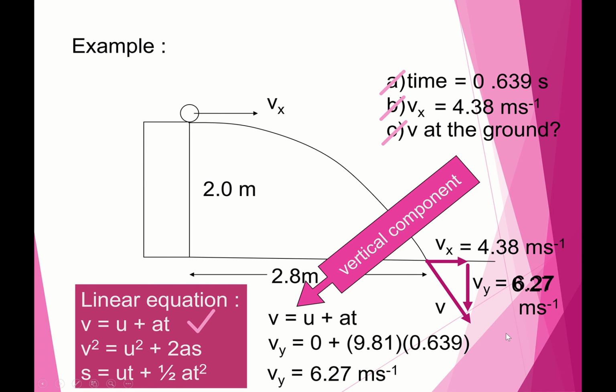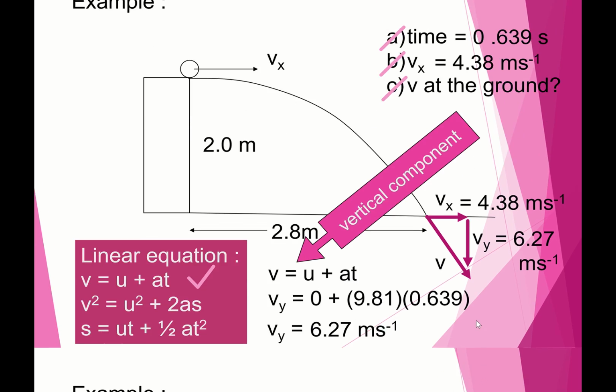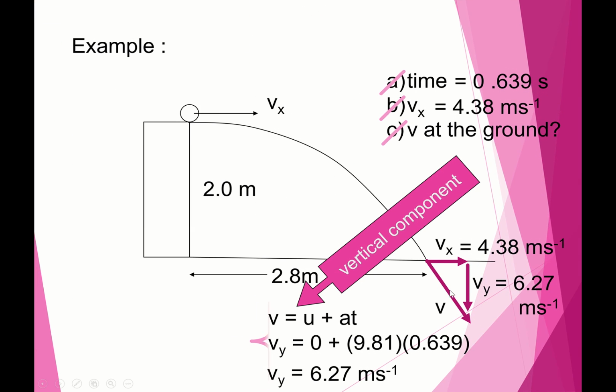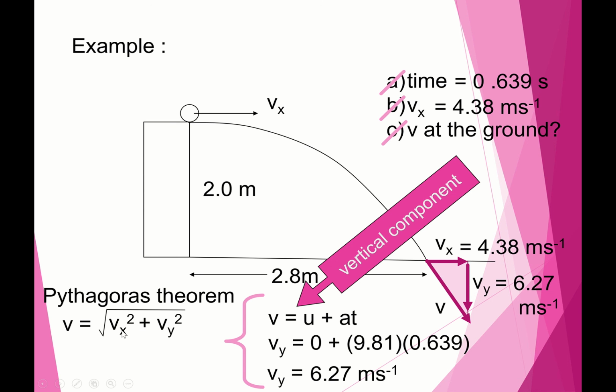Next, to find V from the triangle, we can use Pythagoras theorem. This is a right angle triangle. Pythagoras theorem says that V equals the square root of Vx squared plus Vy squared.